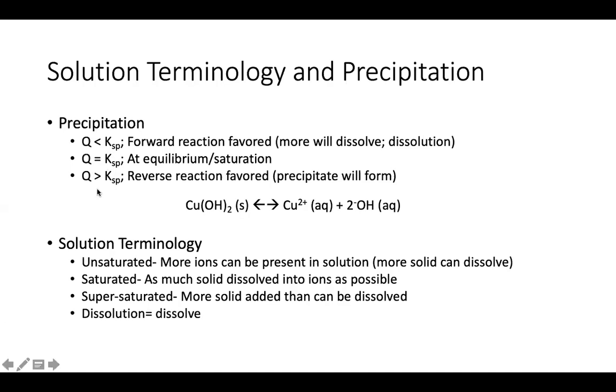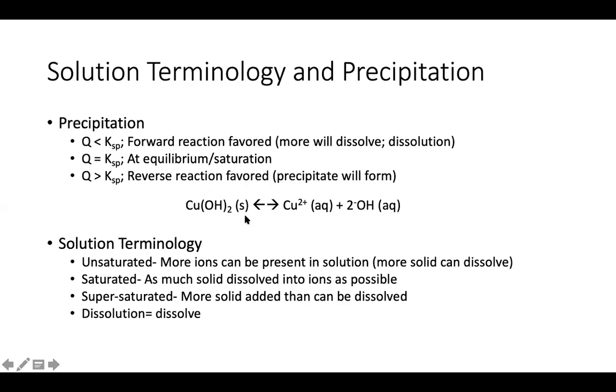Okay, and if your Q is greater than your KSP, that means you almost have too many products, not enough reactants, compared to equilibrium. And so your reverse reaction will be favored. Well, our reverse reaction is when we take products and convert it to reactants.